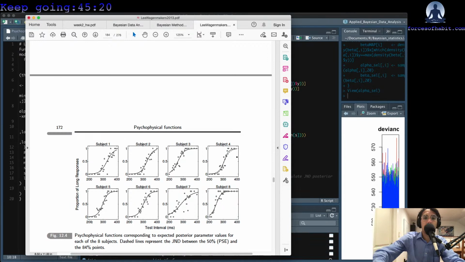And graphing, maybe that's common, but let's see. Graph Bayesian graphs, credible interval. Shaded.